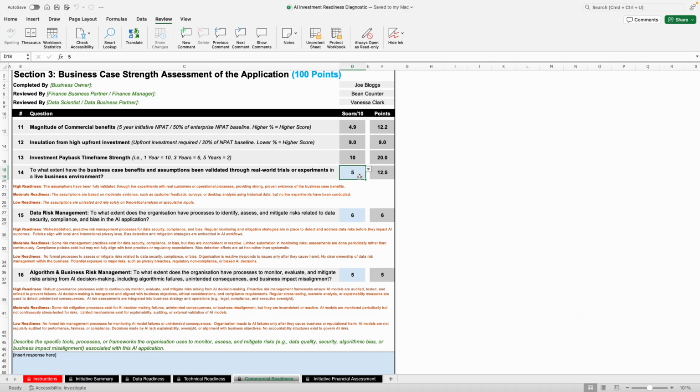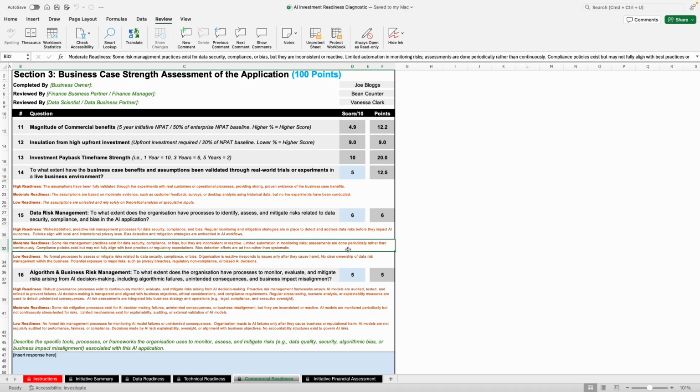For the remaining questions, questions 14 to 16, you will enter scores manually in the pale blue cells. These cover the strength of the business case validation, data risk management, and algorithm and business risk management.